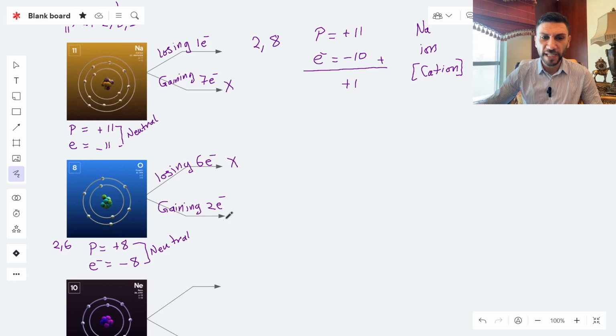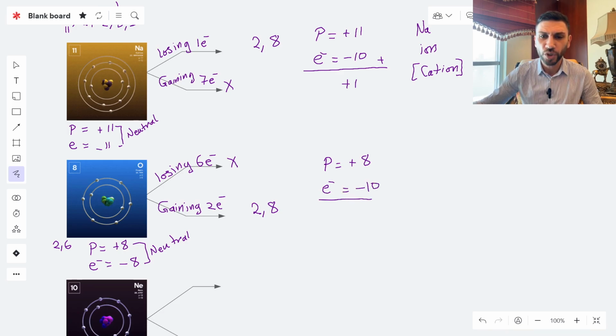Now, after gaining 2 electrons, the electron configuration will be 2 and 8, and it has 8 valence electrons, just like a noble gas. And now the number of protons, nothing changed, which is positive 8, but the number of electrons now equals negative 10.